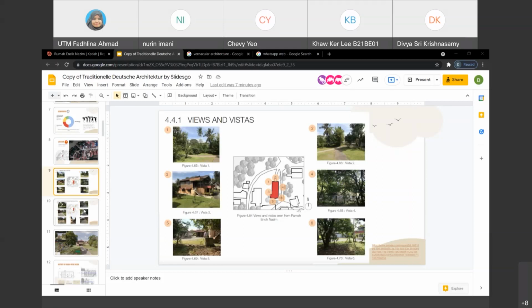This one is 2020. This one is 2019 from the measured drawing. And from the view, you can see that Encik Nazim's neighbor house is almost the same building form and style as the Rumah Encik Nazim.